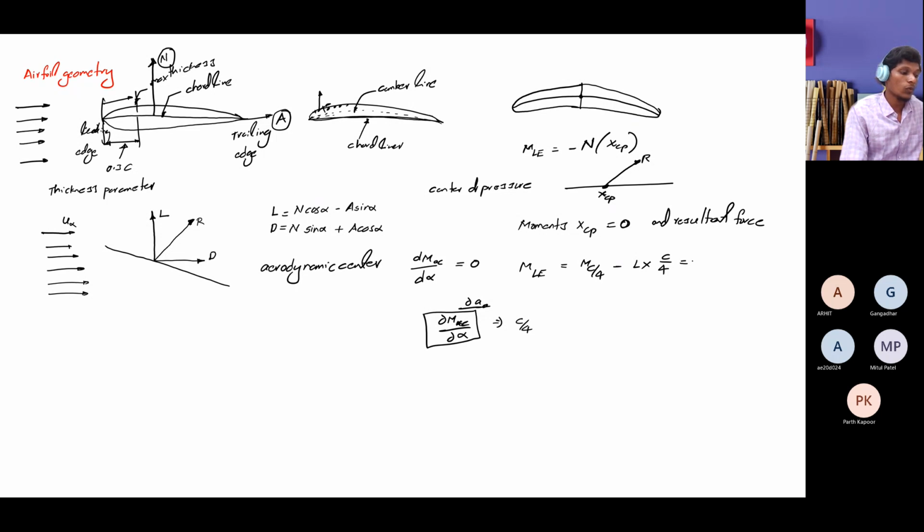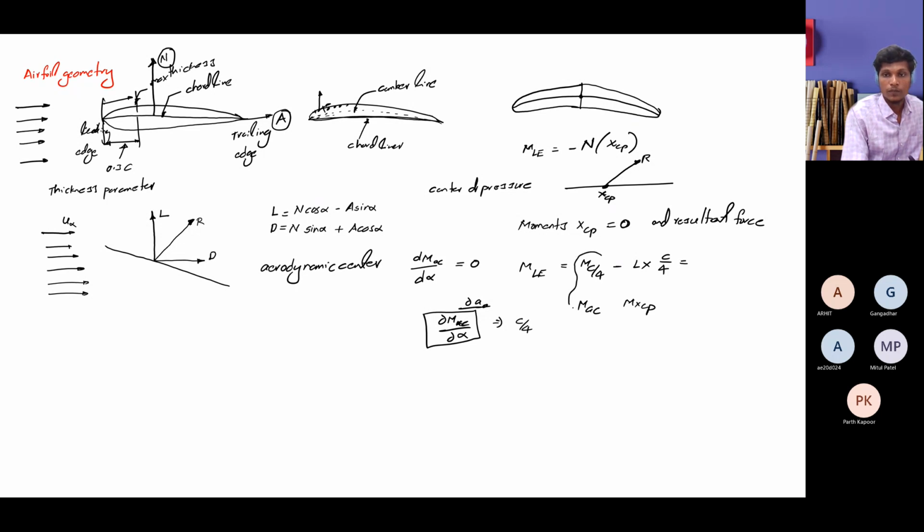If your quarter chord point has no movements, then the movements of the quarter chord point and the aerodynamic center sometimes come out the same, so there is no presence of movements, or XAC or MXCP.